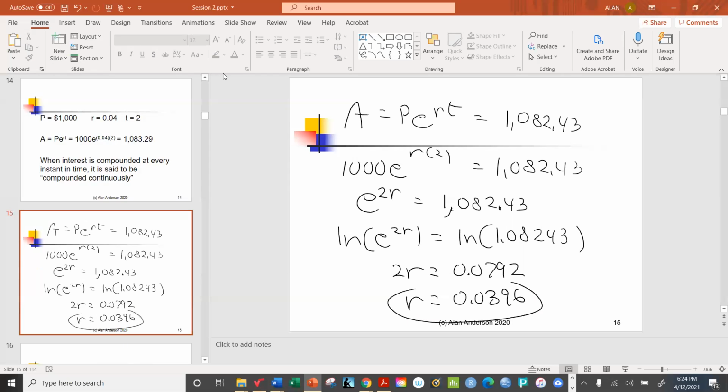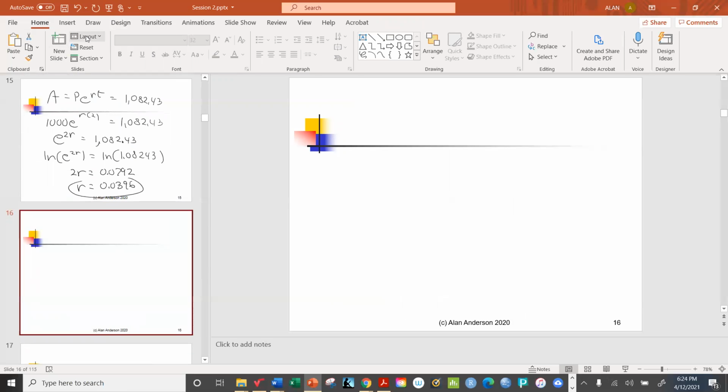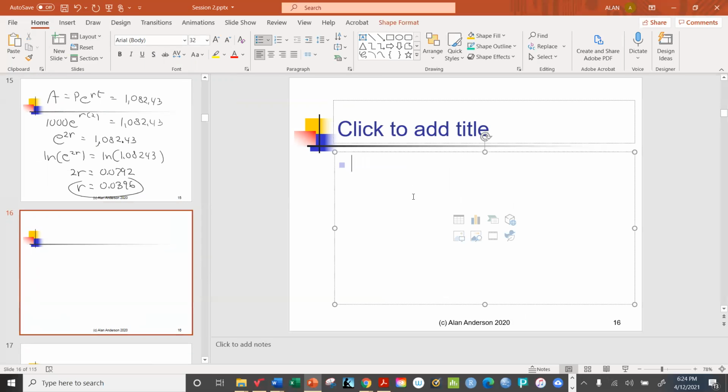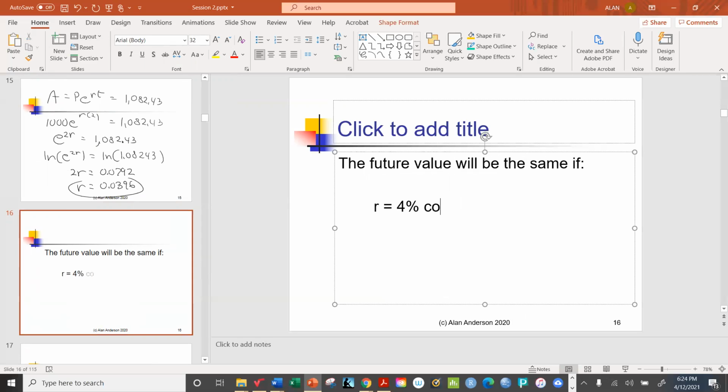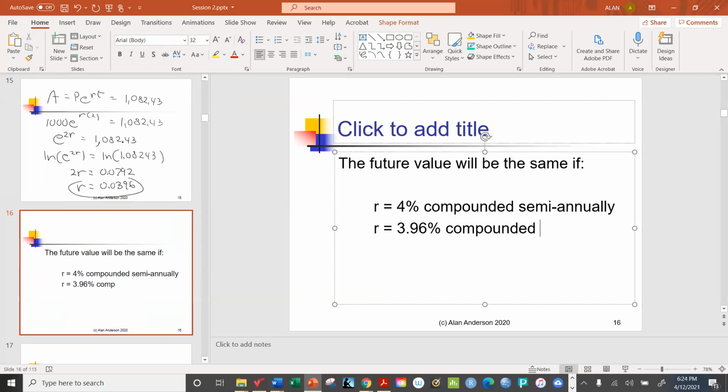So basically what this is telling us is that the future value will be the same if R is 4% compounded semi-annually, or R equals 3.96% compounded continuously.